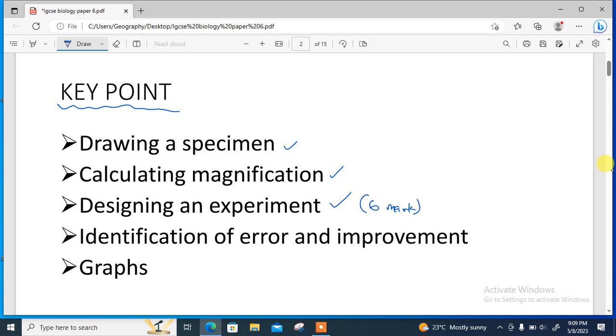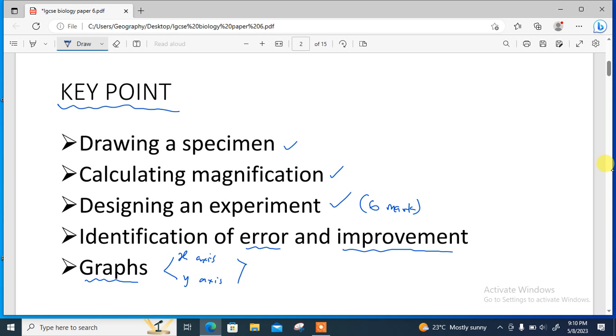We'll look at how we identify major errors and their improvements, and we're going to see some of the tricks involved in plotting graphs, like how you should know what will be on your x-axis and your y-axis using the table, in order to get the complete mark attached to it.